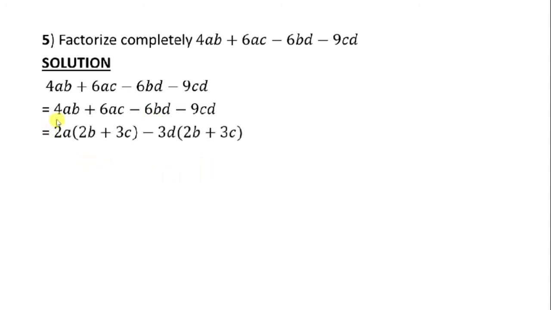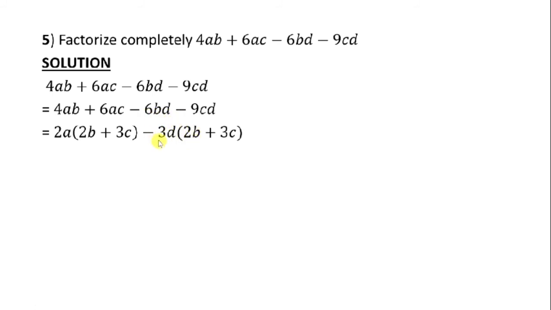Let's do that. So when we remove a 2a, what are we supposed to multiply with this 2a to get a 4ab? 2b. What are we supposed to multiply with this 2a to get a 6ac? 3c. What is common here is a negative 3d. What are you supposed to multiply with this negative 3d to get a negative 6bd? 2b.